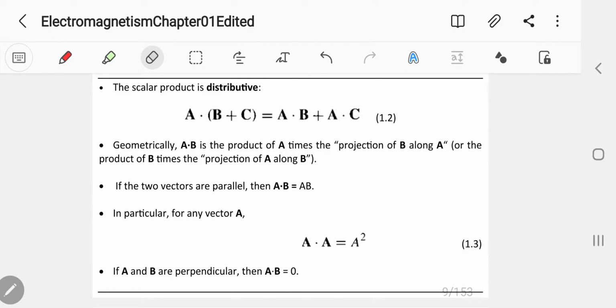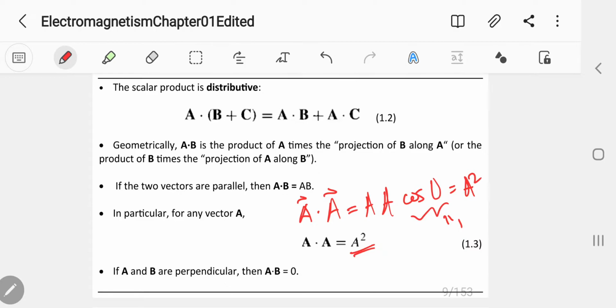So if you're going to dot a vector with itself, here you're getting the dot product of a vector with itself. You get the square of the magnitude. This is just equal to A dot A is equal to A times A cosine 0, but this is equal to 1, and you have A squared.